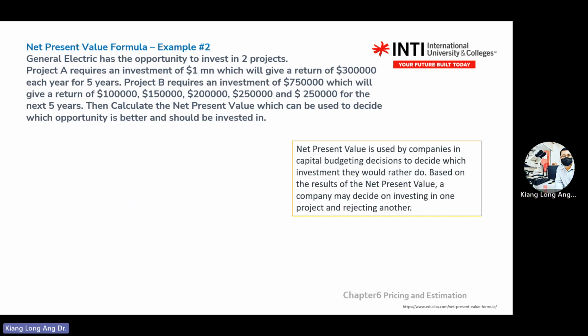Then you do the same for the others. Second one, change your T to 2 for the second year: 247.93. The third one, 225.39.